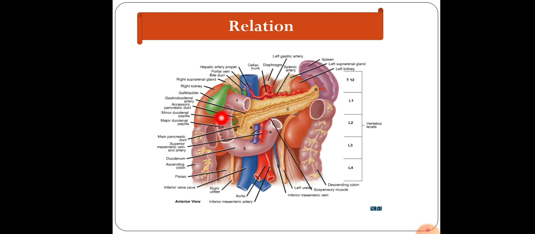Anteriorly it is related to the transverse colon and the gallbladder. Laterally it is related to the ascending colon and kidney. Medially it is related to the head of the pancreas.